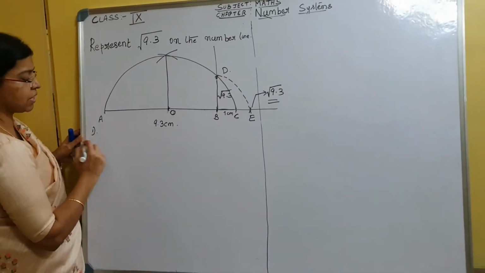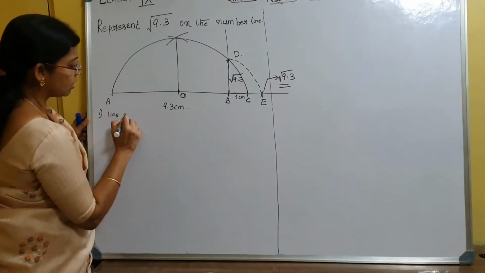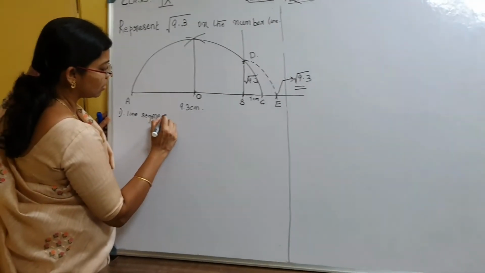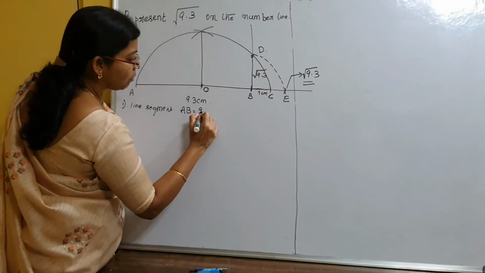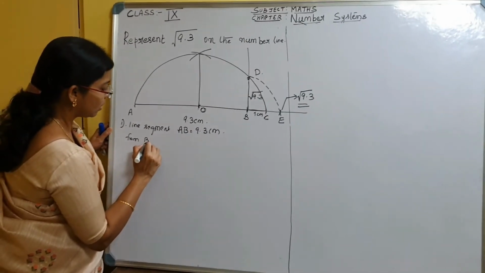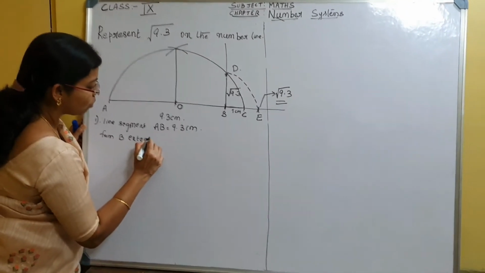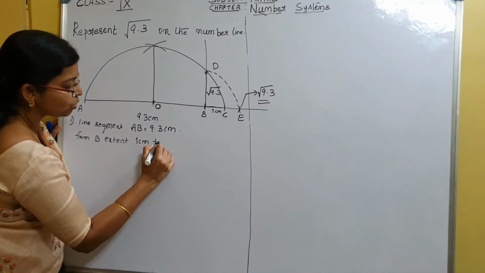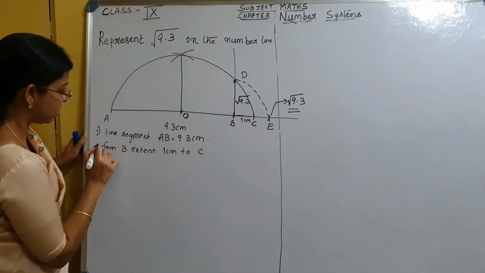Maybe I will write the steps here. Line segment AB is equal to 9.3 centimeter. From B, extend 1 centimeter to C. This is the second step.